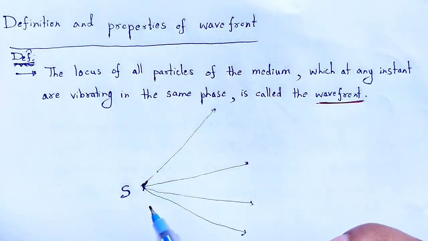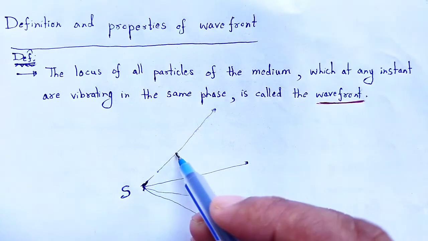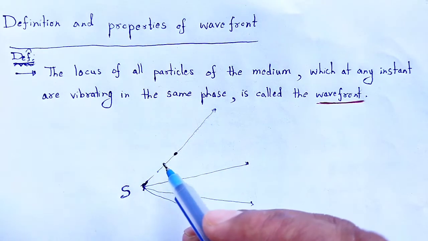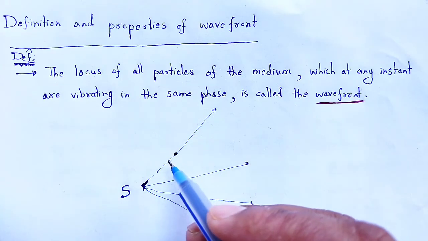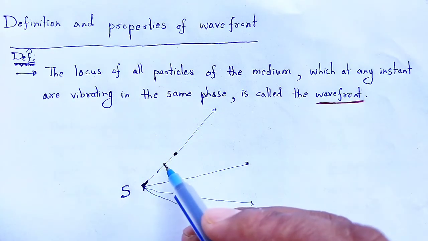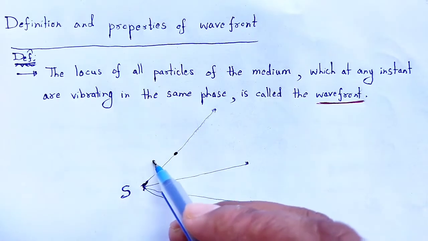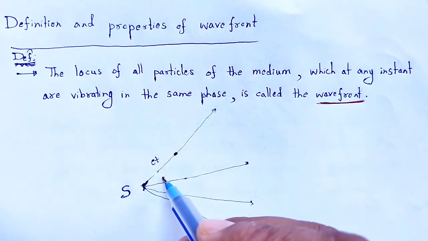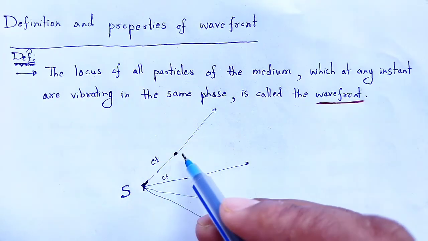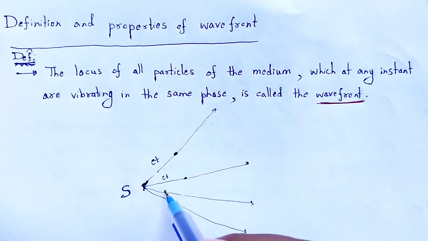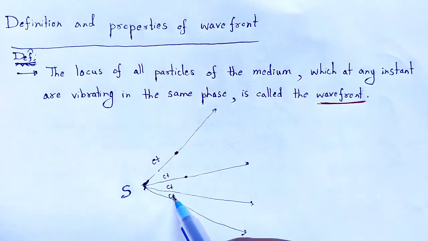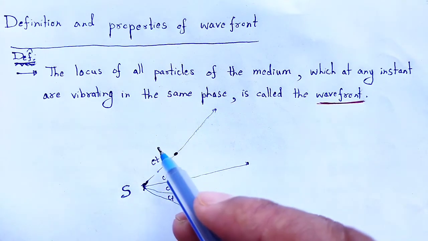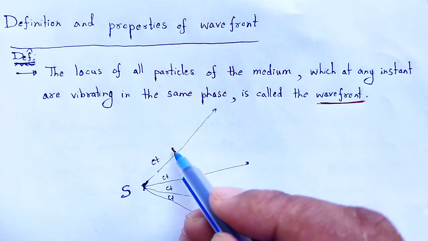After time t, all the waves reach points at distance ct. Again here, the distance is ct. So, all the waves reach the points lying on a sphere of radius ct.